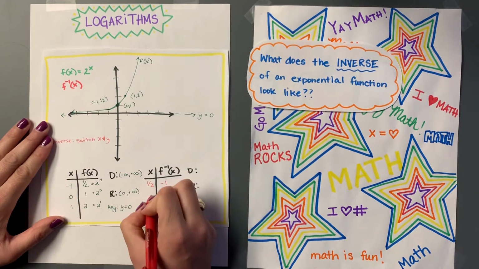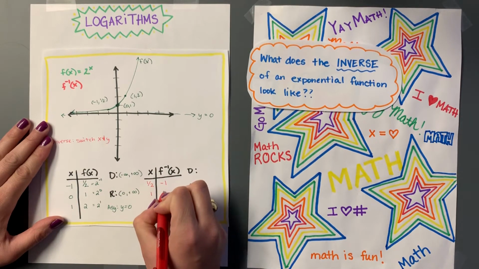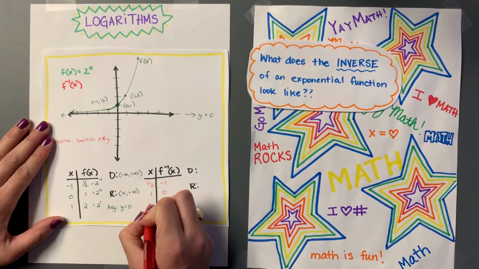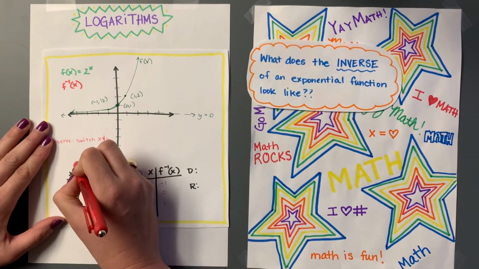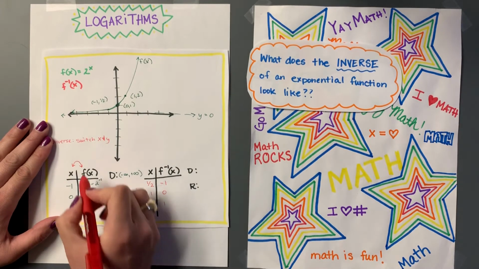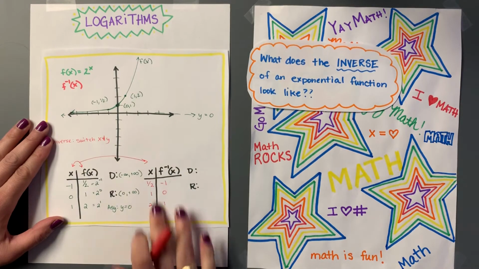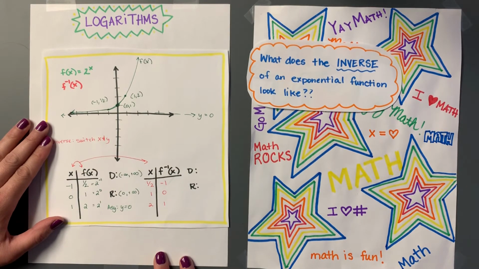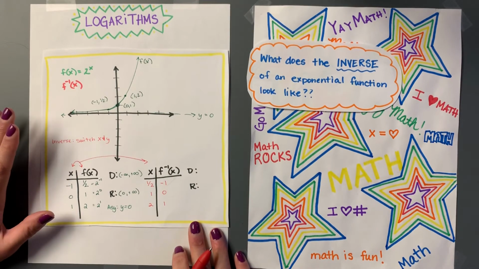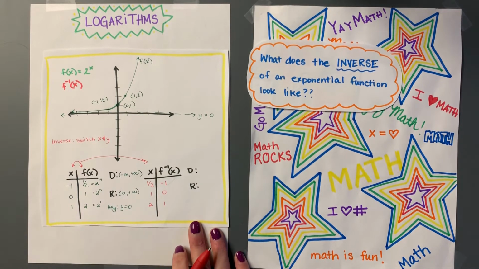This ordered pair (0, 1) will become the ordered pair (1, 0). And this (1, 2) will become the ordered pair (2, 1). So basically, I am switching these to get my ordered pairs for f inverse of x.